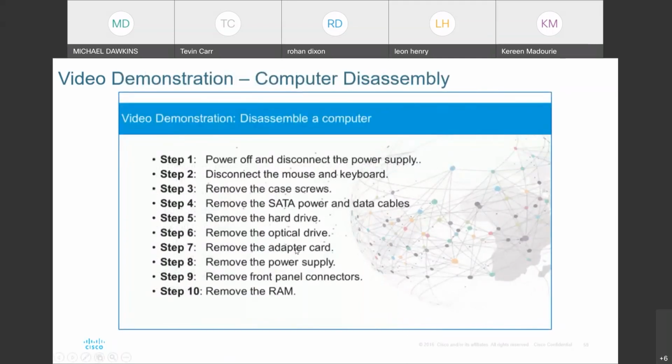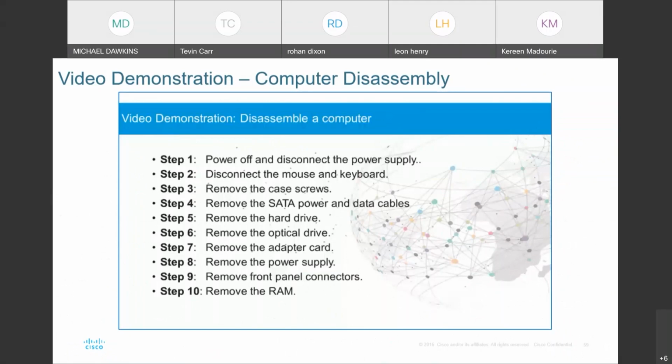All right, so when you're doing the disassembly, these are the steps that you want to follow, the steps followed by the narrator in the video. First, you want to power off and disconnect the power supply, and we know the reason for that.